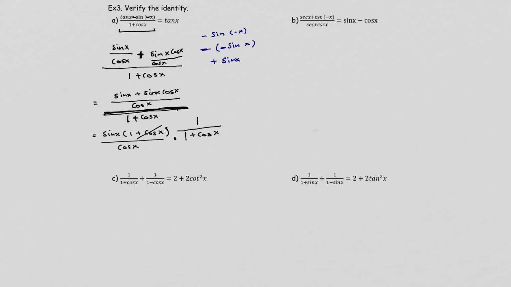This gives you the same denominator, and the numerator cancels out. Only sine x over cosine x remains. That gives you tangent x. So that's how I can prove this left side will be the same as this right side.